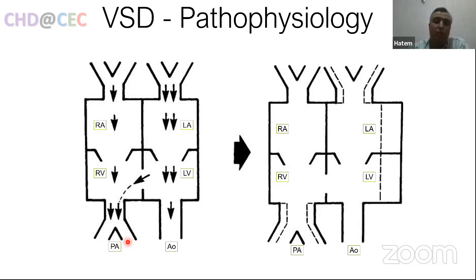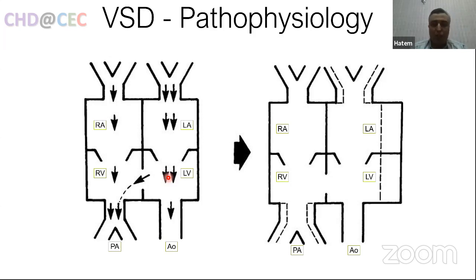Yes. So VSD flow is left to right, so more blood goes into the pulmonary circulation, more blood comes back to the pulmonary veins, more blood into the left atrium, more blood into the left ventricle during diastole. Flow across the VSD is systolic. So during the whole diastole, more volume will stay in the left ventricle, stretching its walls. So the left ventricle gets dilated in the VSD.